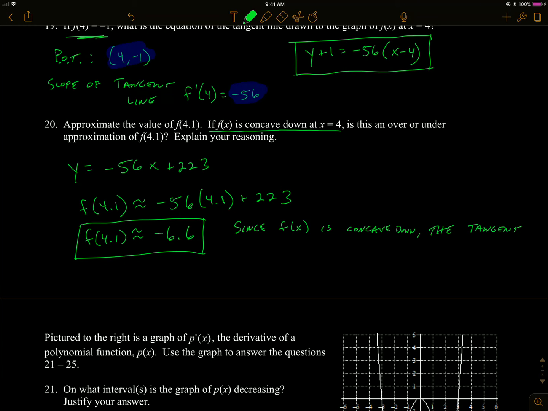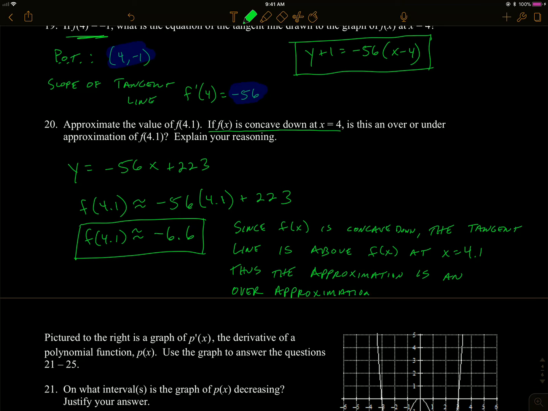Since it is concave down, the tangent line is above f of x at x equals 4.1. Thus, the approximation is an over approximation of f of 4.1.